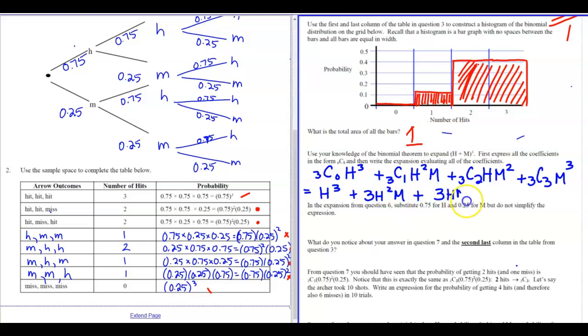And 3C3 is just 1. So, in the expansion from question 6, substitute 0.75 for H and 0.25 for M, but don't simplify. So this would be, so H is 0.75.